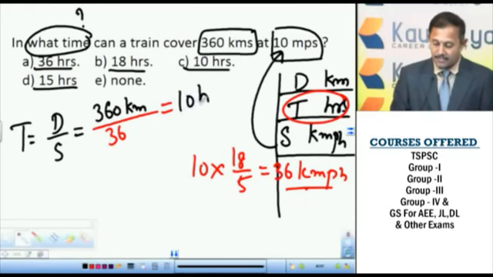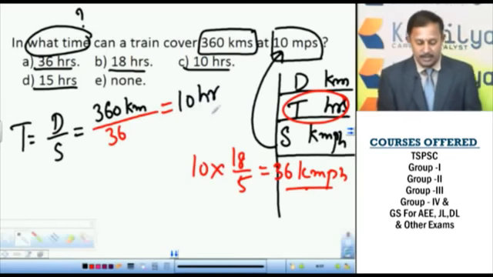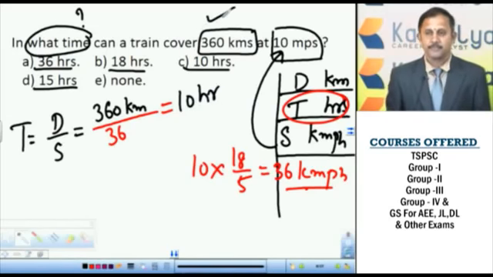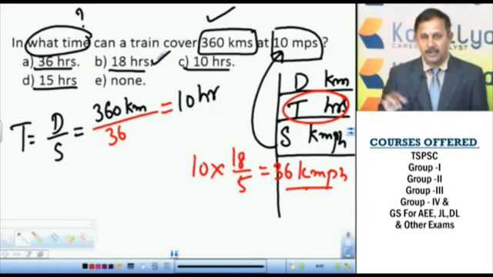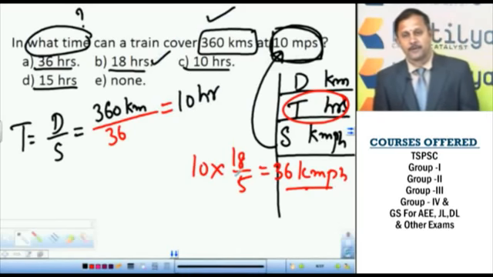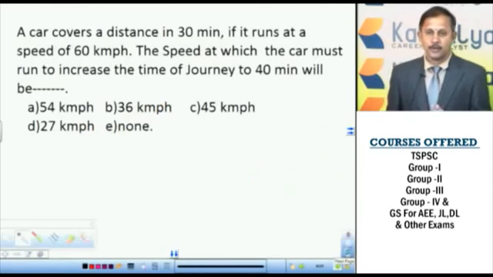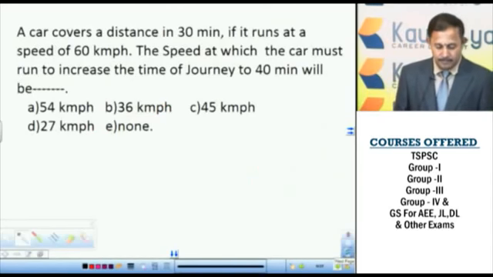It requires 10 hours to cover the distance of 360. So we have to take care about the unit that is available in the data.